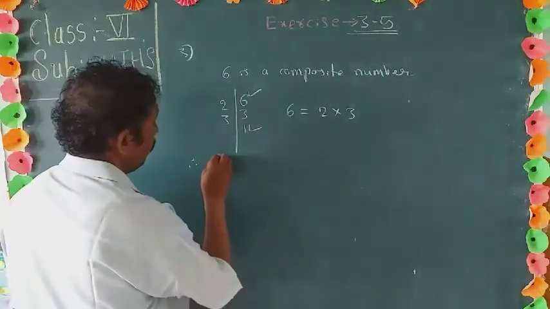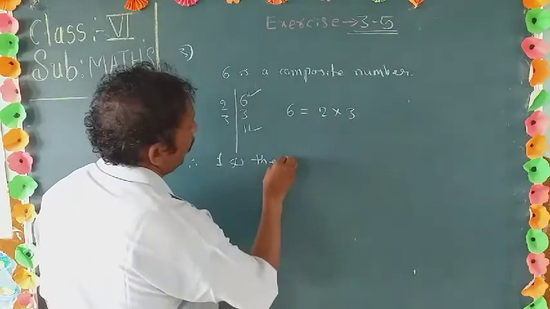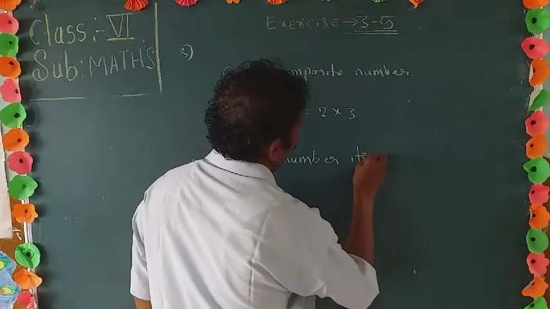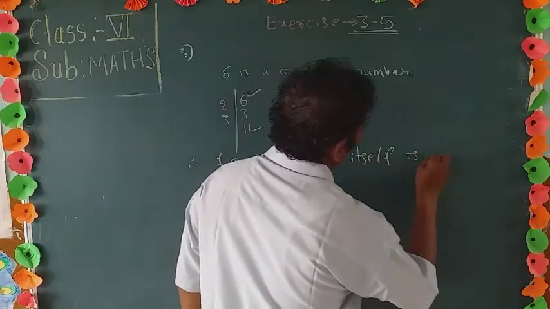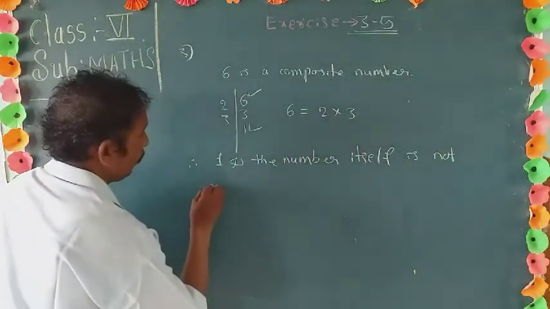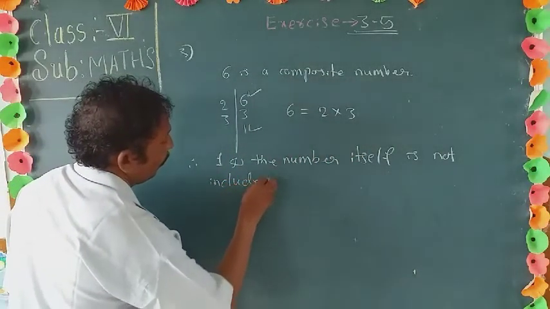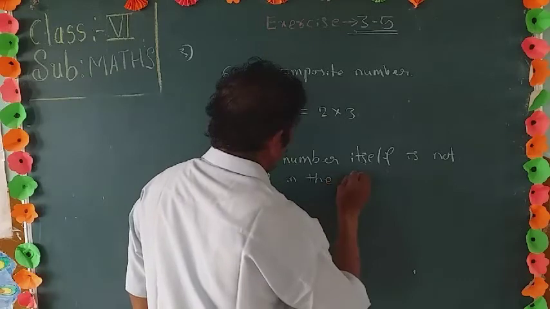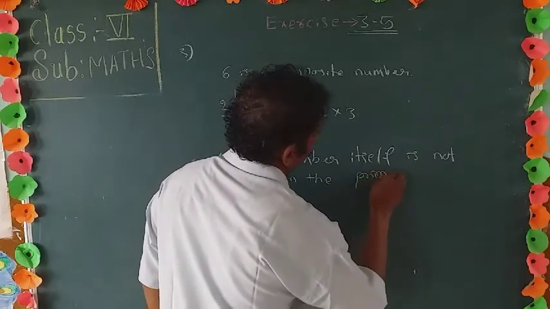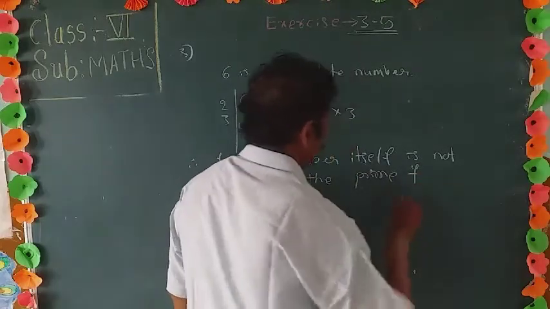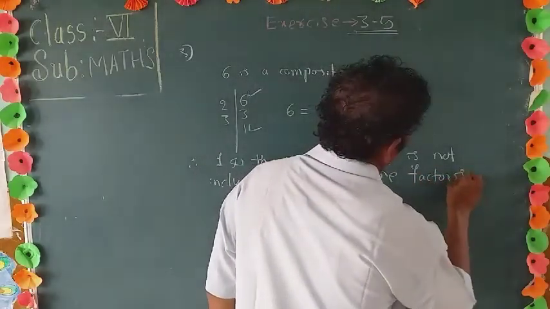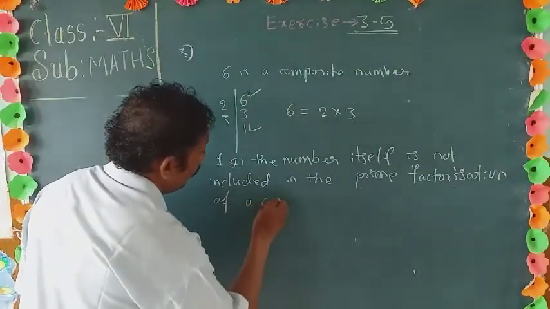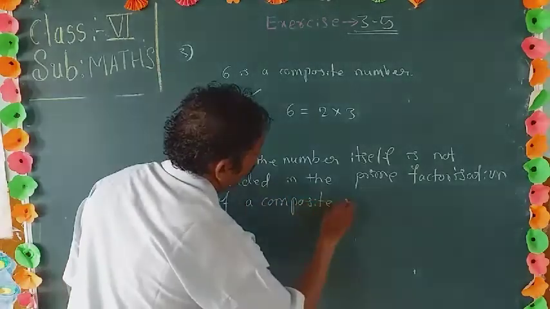Therefore, 1 and the number itself are not included in the prime factorization of a composite number.